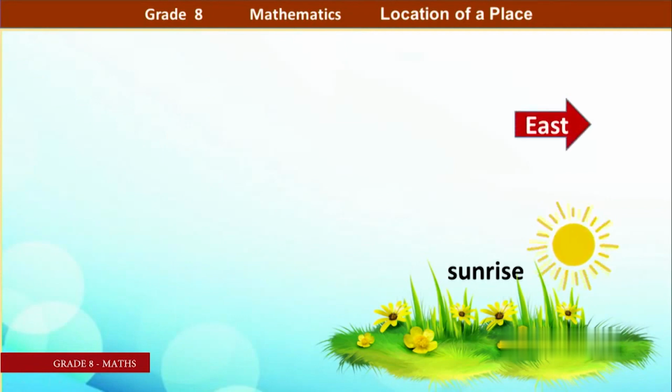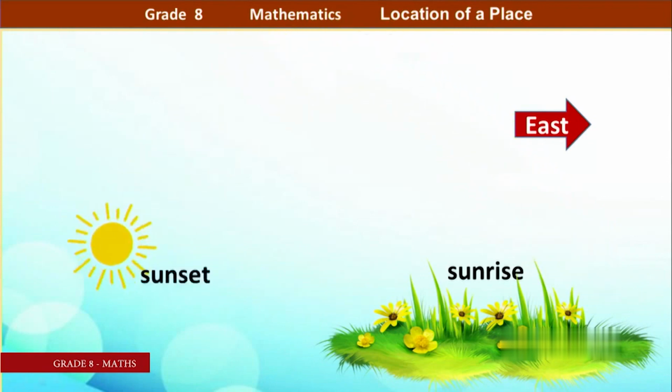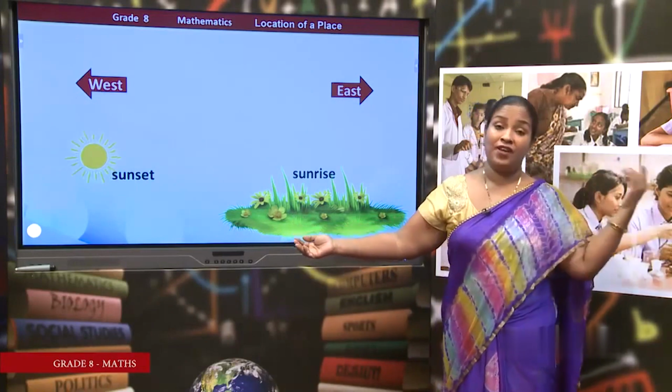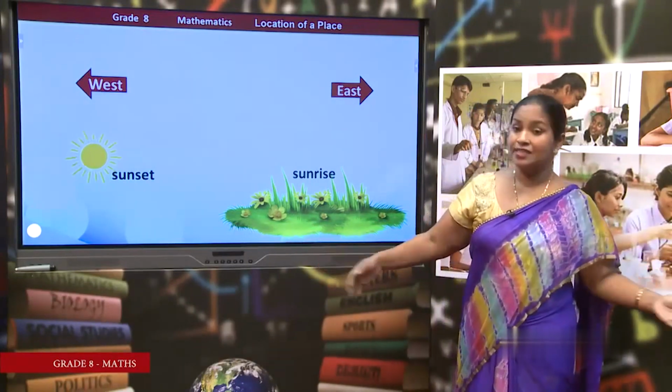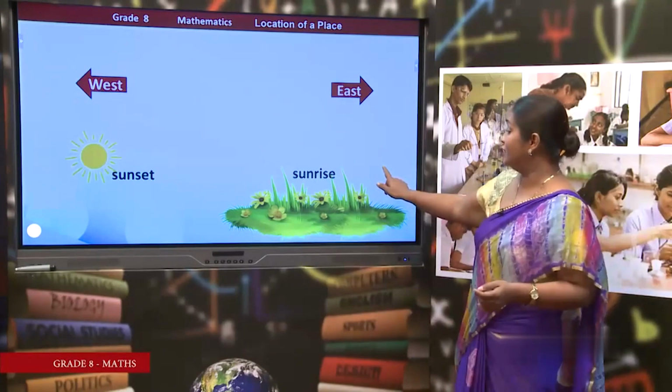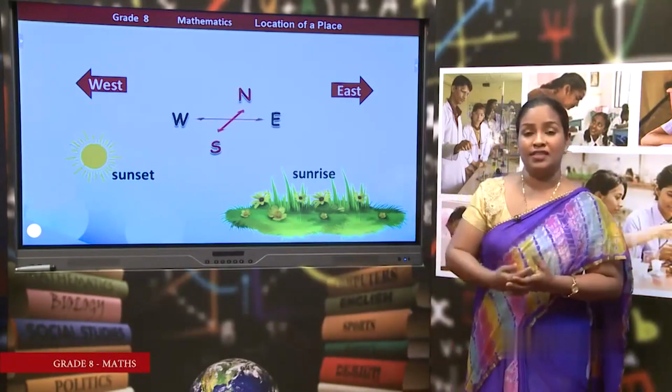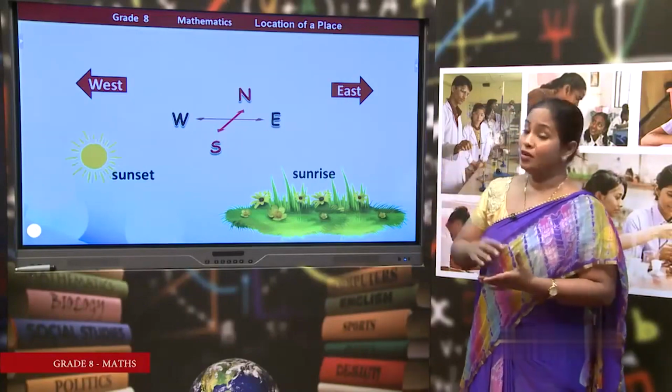Then what happens? The sun sets in the west. So, easily you can define east and west. If your right hand side is to the west and your left hand side is to the east, you are facing the south direction. When you face south, your back side is to the north.